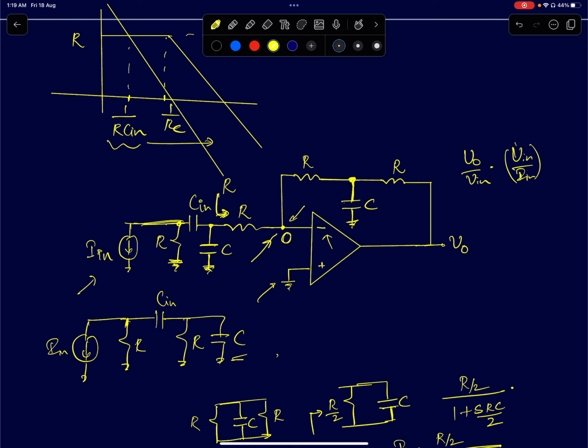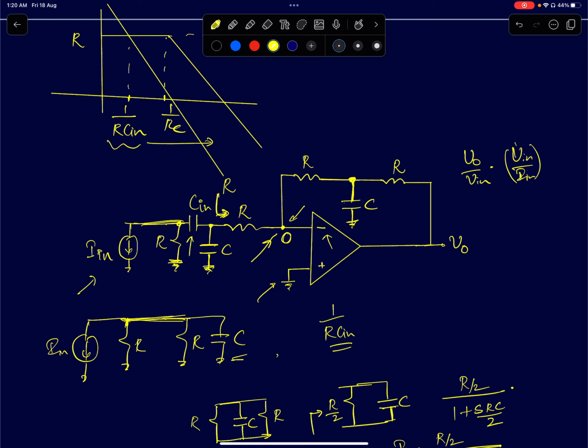If you make that assumption, for frequencies greater than 1 by R Cin, this capacitor can be assumed as a short circuit, which is at high frequencies. Because at DC, the capacitor is open circuited, so the transimpedance gain will be zero.